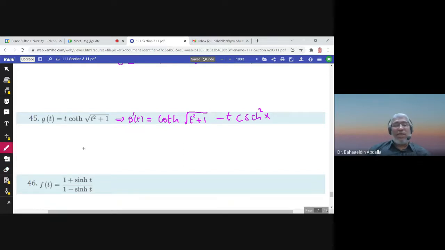But it is not x what is inside the hyperbolic cotan. It is a square root of t square plus 1.